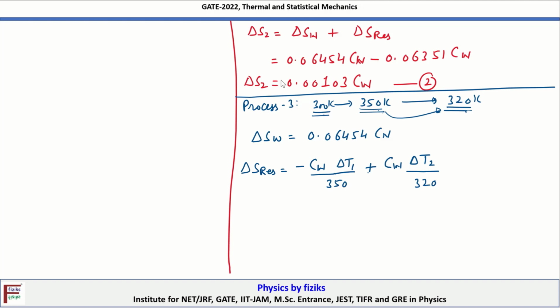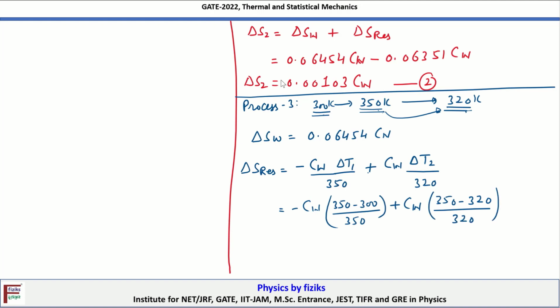So this is further equal to minus CW delta T1, which is 350 Kelvin minus 300 divided by 350, and then plus CW delta T2, where the water is at 350 Kelvin, 350 minus 320 divided by the temperature of the reservoir, which is 320 Kelvin.